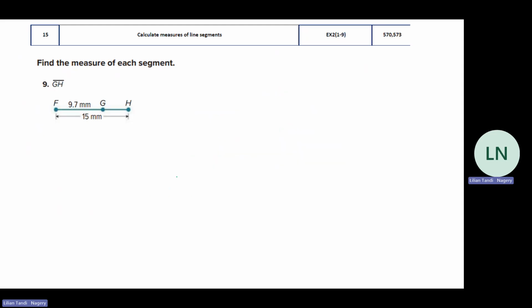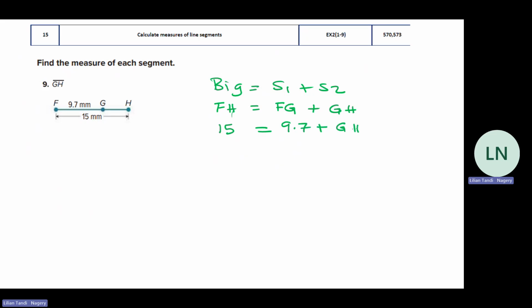Then we do this one. We want GH, which is small 2. So we'll do big equals small 1 plus small 2. Big is FH, small 1 is FG, and small 2 is GH. FH is 15, FG is 9 7/10 plus GH.